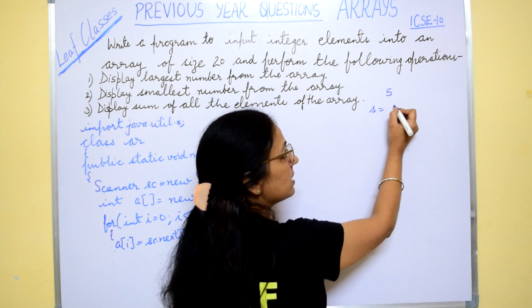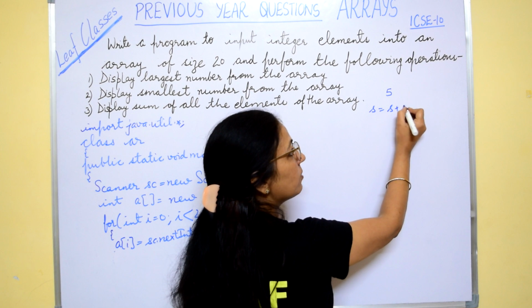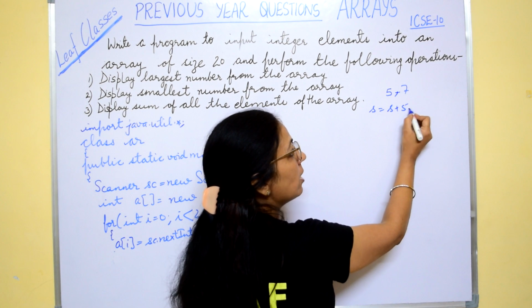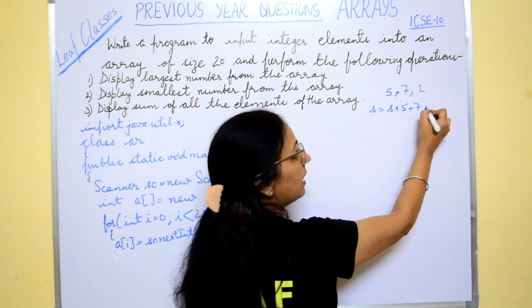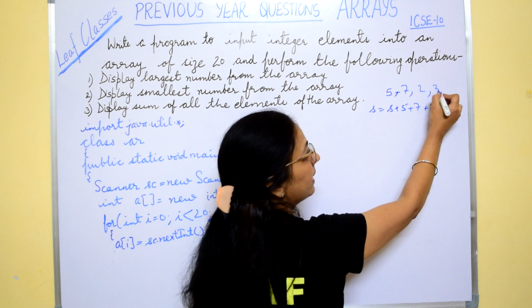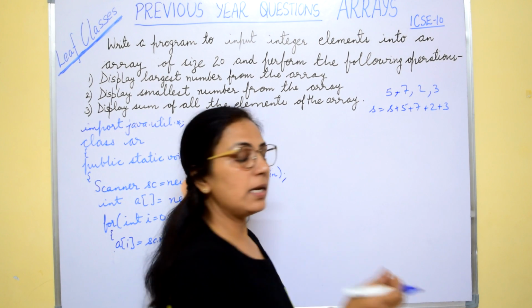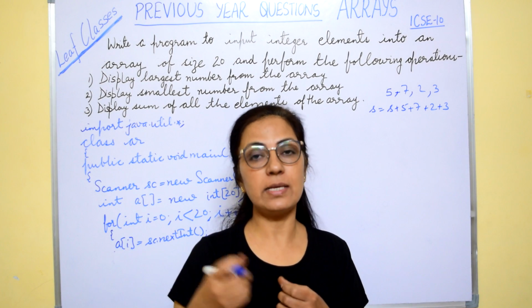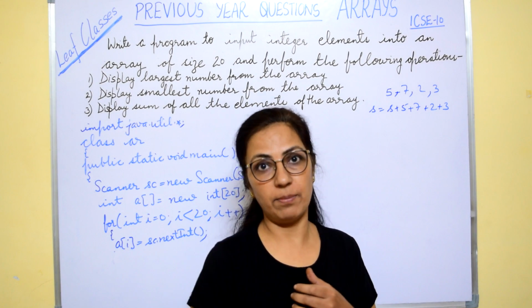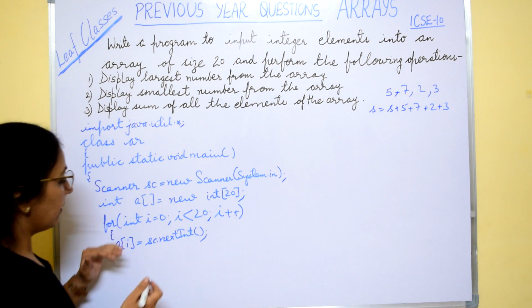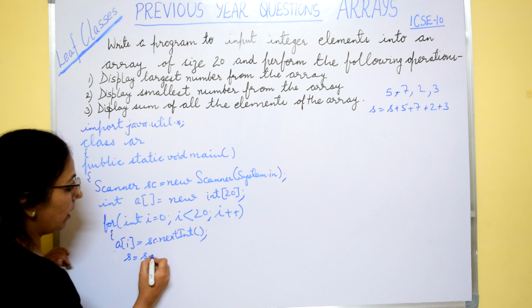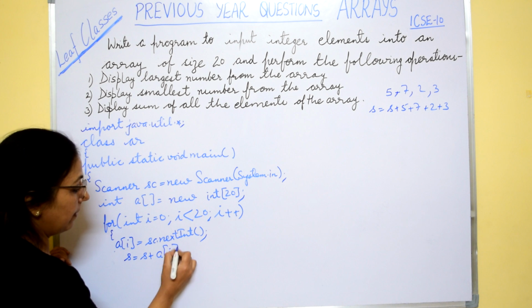I can write s = s + 5, and then say the next number is 7, I will be adding like this. So any time you are entering a number, update your sum variable with that number. Keep on adding that. So as we are entering, we can write s = s + a[i].